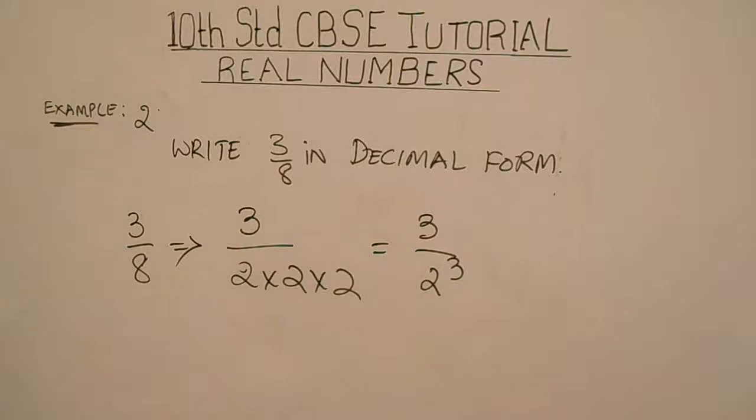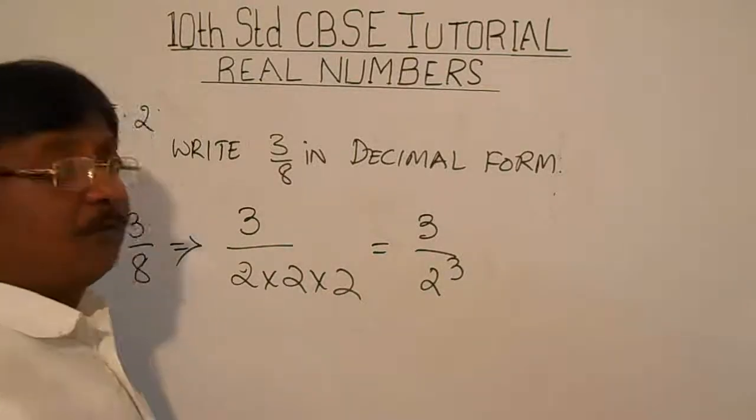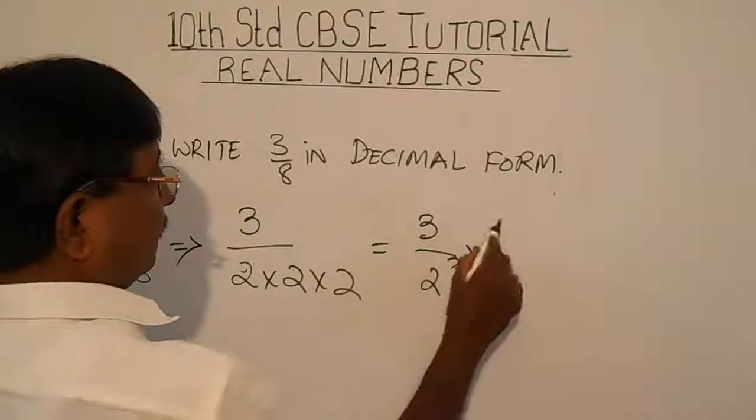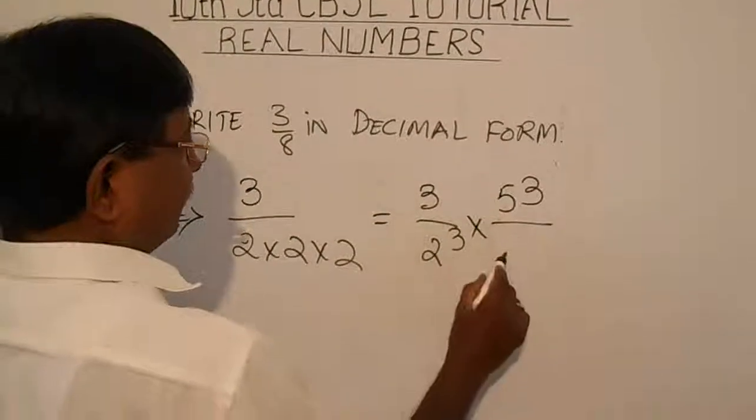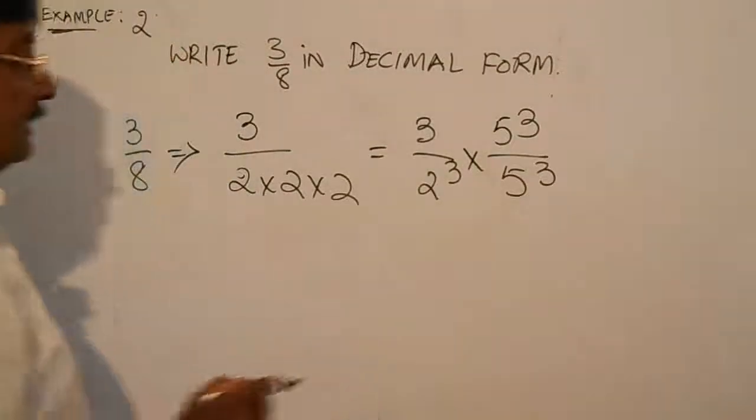Next, we will multiply by 5 to the power 3 divided by 5 to the power 3 on either side.